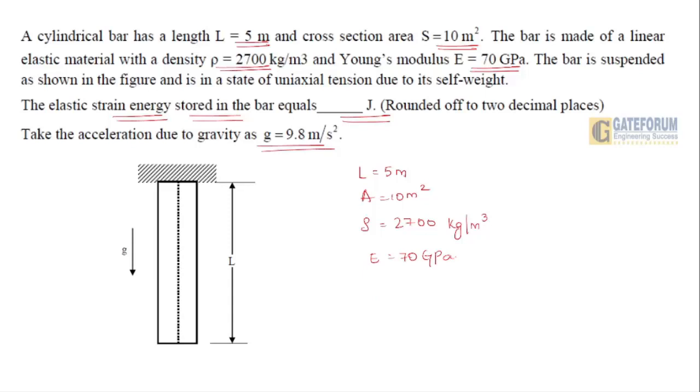So the energy will be U is equal to integral from 0 to L of T square dx by 2AE, which will be load W by L into x, whole square dx by 2AE, which will be equal to W square L cube by L square 6AE.